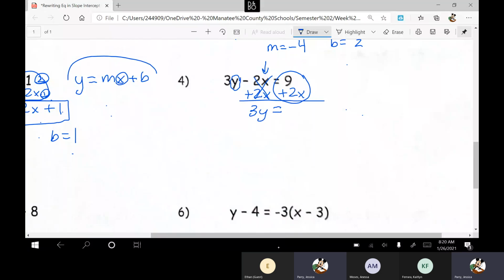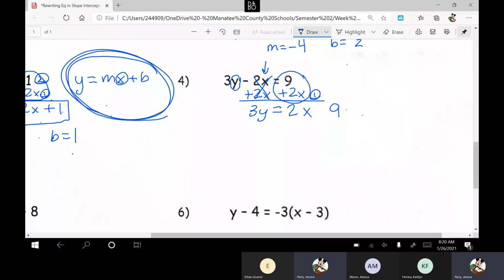Remember, you want to put it in slope-intercept form here. You can turn your microphone on if you want, or you can type it in the chat. 2x plus 9. Perfect. Awesome. So we're going to first do our term with the x, which is the 2x, then the 9. And it's a positive 9, so I put a plus sign in front of it.